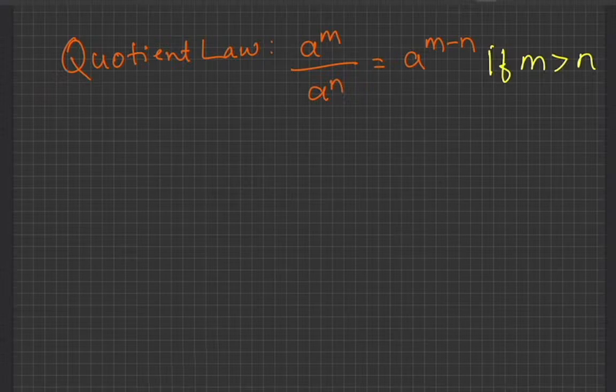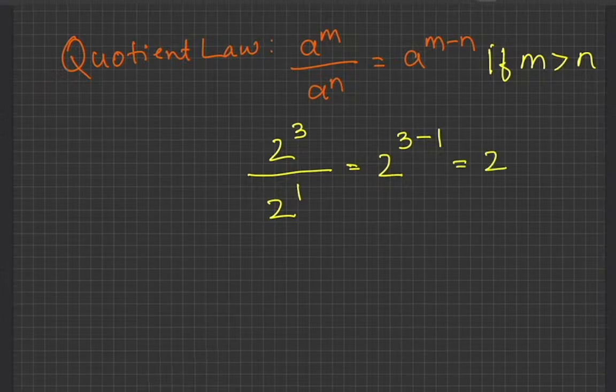For example, if I have 2 to the power 3 by 2 to the power 1, I have 2 to the power 3 minus 1, since my numerator is more, so I will get 2 to the power 2, which is equal to 4.